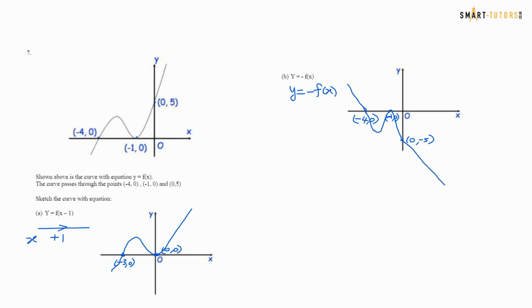So exactly it's a mirror image in the x-axis. So basically the way I'm doing is a little bit wrong, and I just want to correct it smoothly with this tablet pen. It's not that accurate, but hope you understand what I'm trying to do. So the line goes through 0, minus 5 and goes all the way like that. So it's basically a reflection.